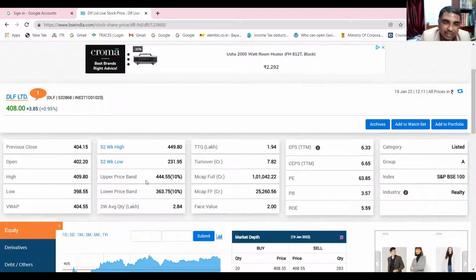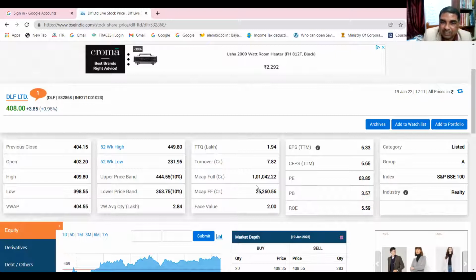Maybe there is some lock-in period. Maybe promoters have purposefully kept that with the intention not to trade it in the market. So if you ignore those, the remaining market capitalization can be called the free float market capitalization. Free float market capitalization is normally lower than the full market capitalization. But full market capitalization reflects the value of the equity. Okay, got it? Yes or no?